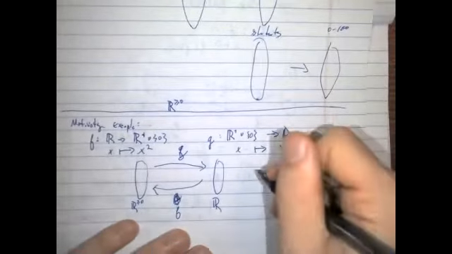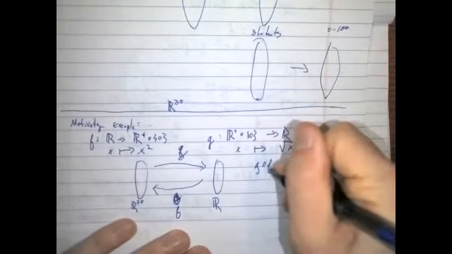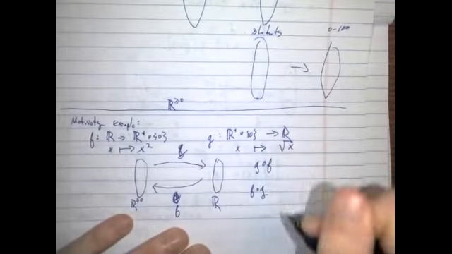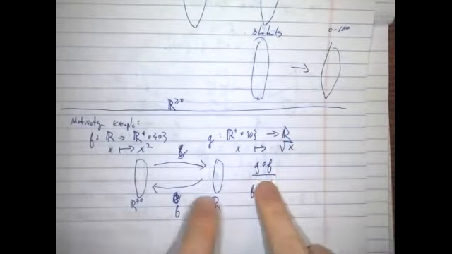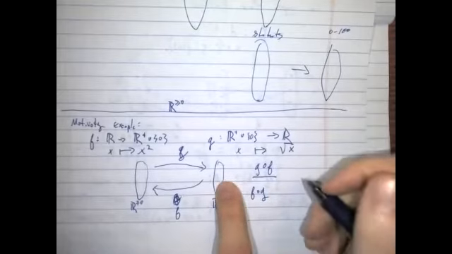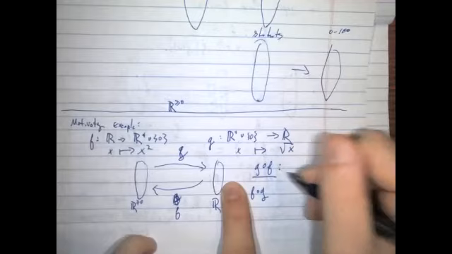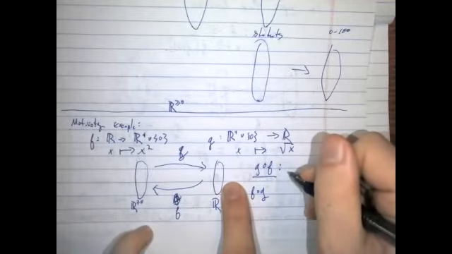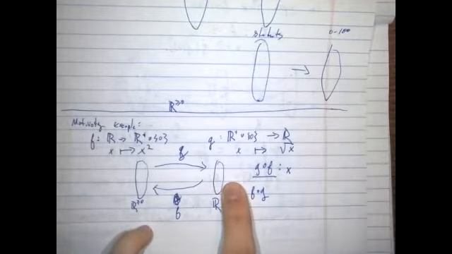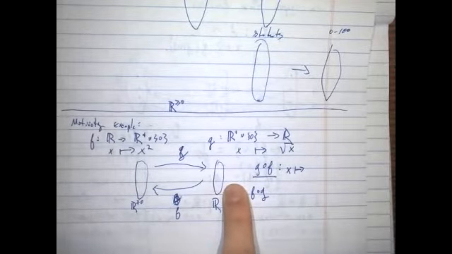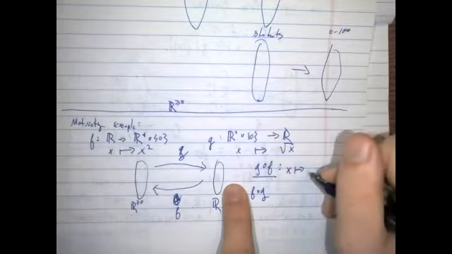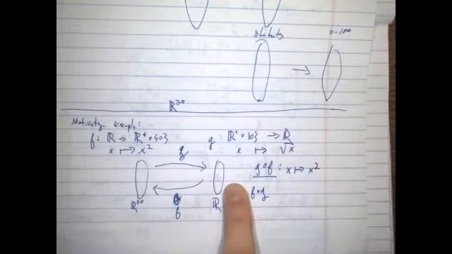So my question is, what is G composed with F, and what is F composed with G? Let's do G composed with F first. I start with an element of R, and what does F do to an element of R? It squares it, so X gets mapped to X squared.